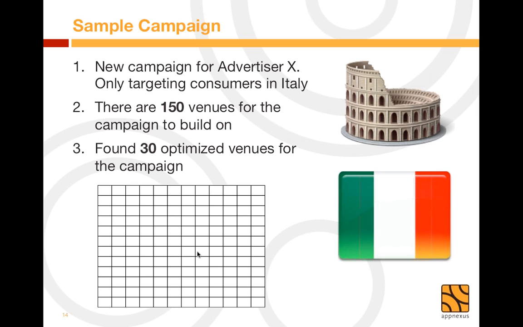And just to explain what that means, a venue is how we are organizing the inventory in our system so that specific campaigns and even specific creatives are able to optimize and evaluate what they should be bidding on this inventory. So throughout the process of delivery, we're going to find that 30 of these 150 venues are able to optimize.